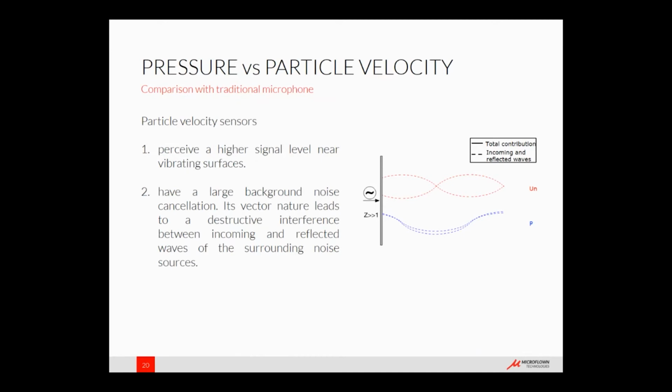If you look at the total contribution of the reflection, with pressure you actually get amplification, so an increased effect of the surrounding noise sources. But due to the fact that with particle velocity the incoming sound wave and reflecting sound wave are 180 degrees out of phase, you get a so-called natural cancellation of the surrounding noise.